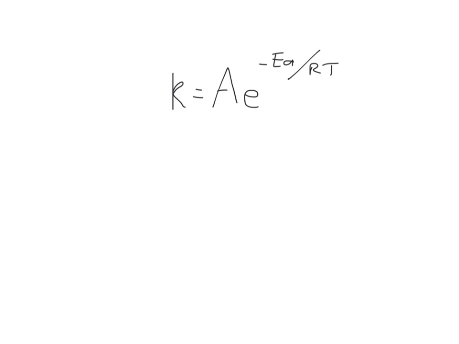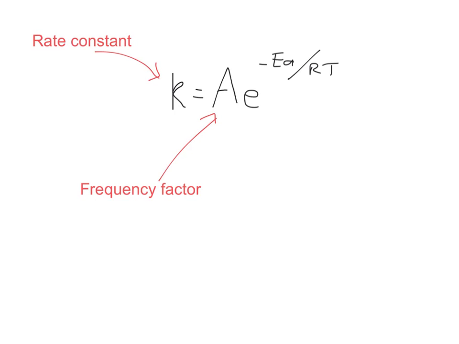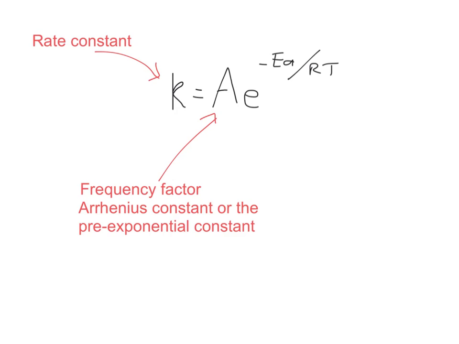In the Arrhenius equation, k is equal to the rate constant. A is the frequency factor. This is a measure of the rate at which particles collide. It can also be known as the Arrhenius constant and the pre-exponential constant. e is a mathematical constant, and just like pi, it also has a value.